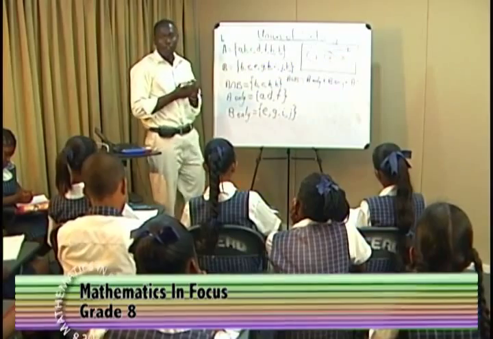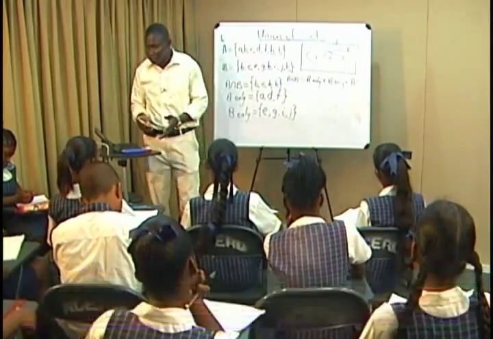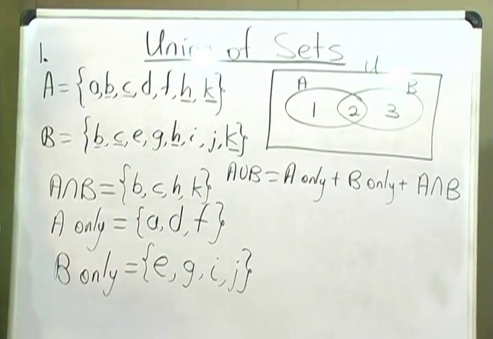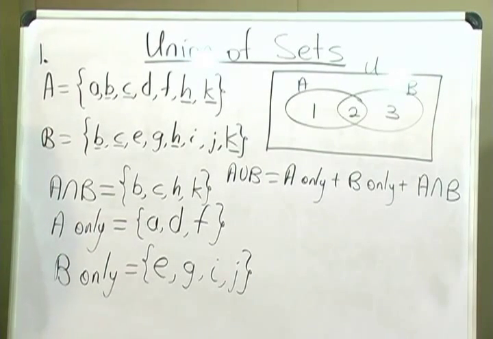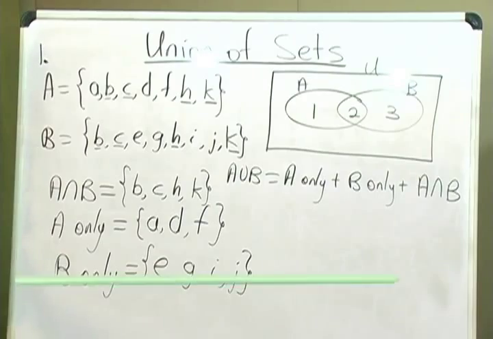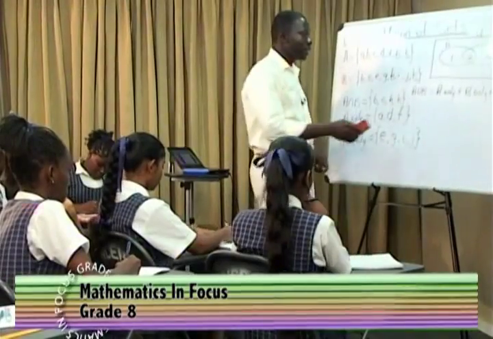So now that we have the intersection, we have A only and we have B only, it should make drawing the Venn diagram a very simple task for us. Alright? So we're going to now draw our Venn diagram.